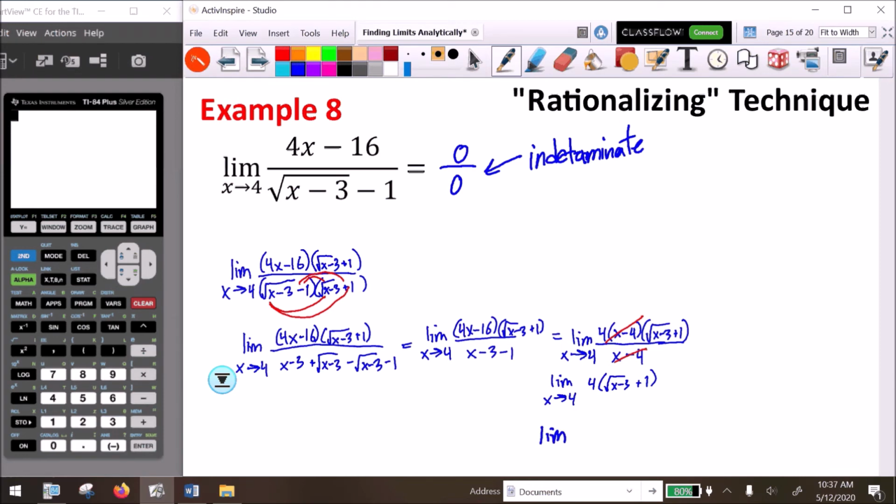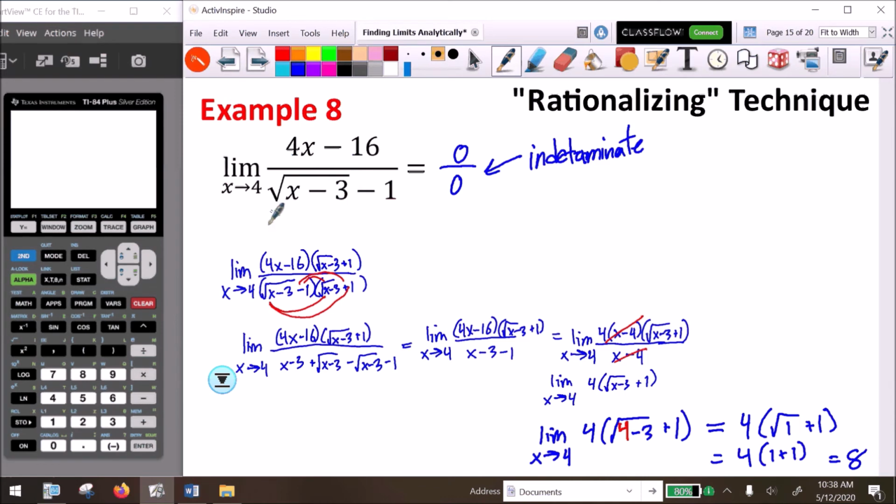I'm just going to replace my x with a 4. 4 minus 3 is equal to 1. So I have 4 times the square root of 1 plus 1. That would be 4 times 1 plus 1, which is 4 times 2, which is equal to 8. So this limit is equal to 8.